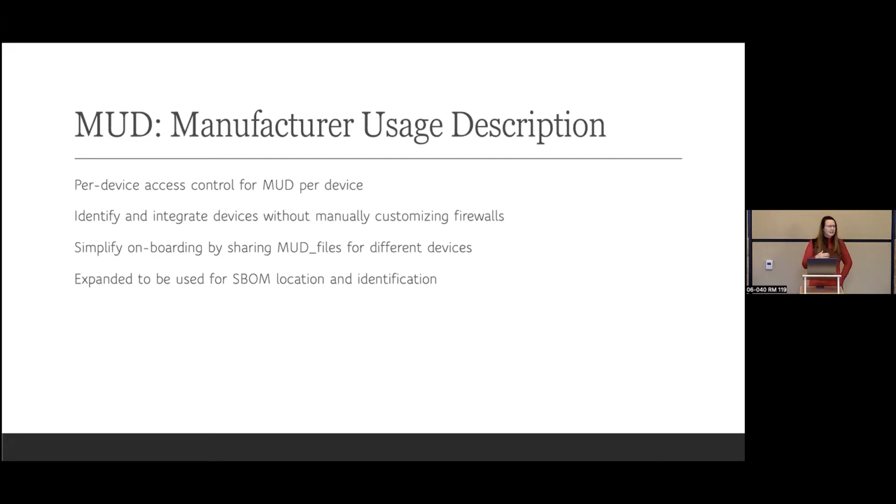And it can be expanded to use SBOM for the location and identification of SBOMs. So you get the MUD, the IETF has expanded the MUD standard to include an option to include the software bill of material with the access control list.